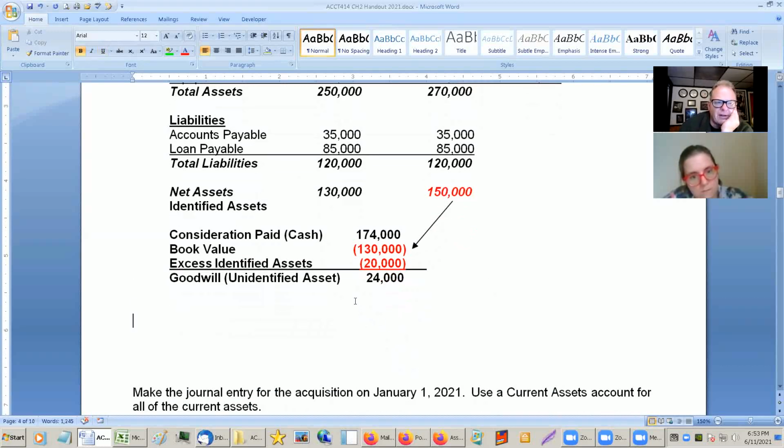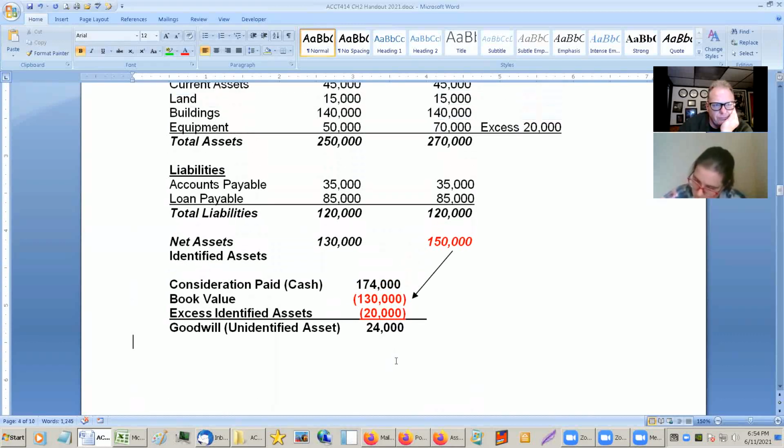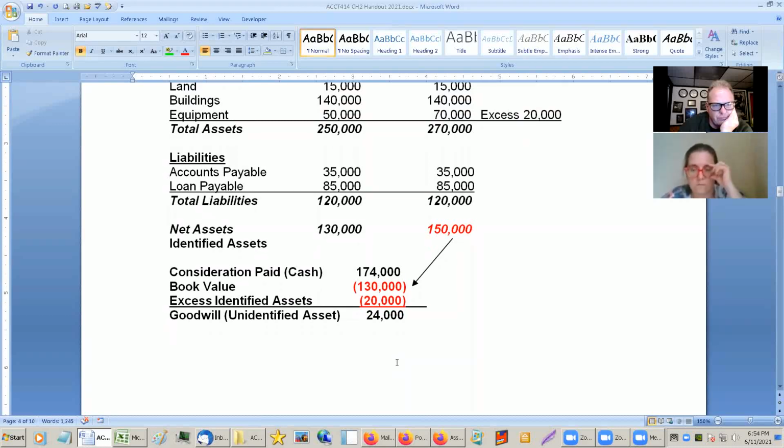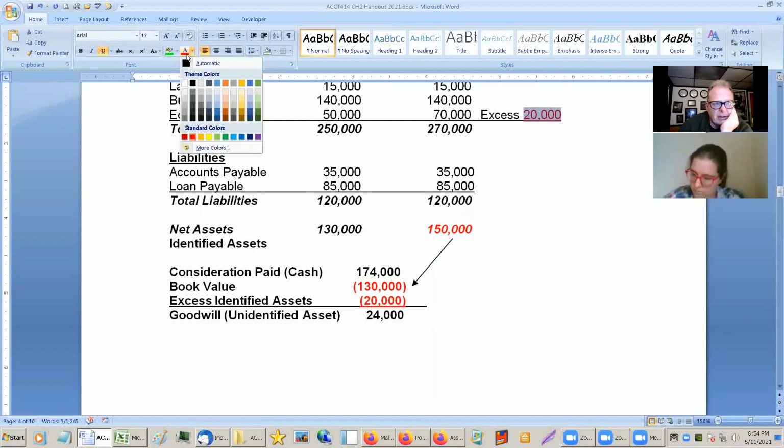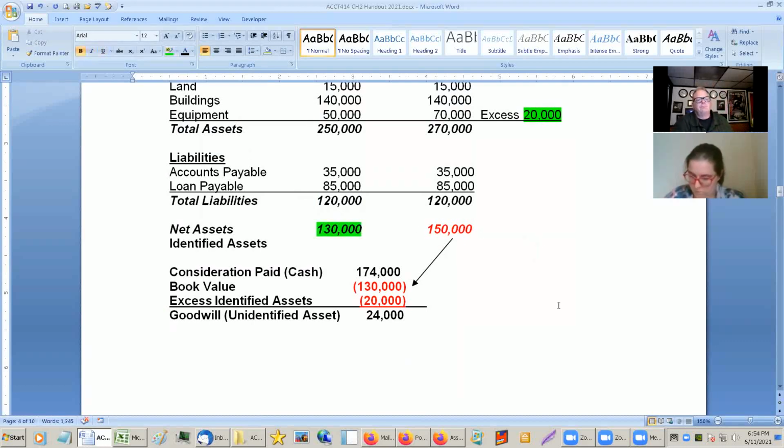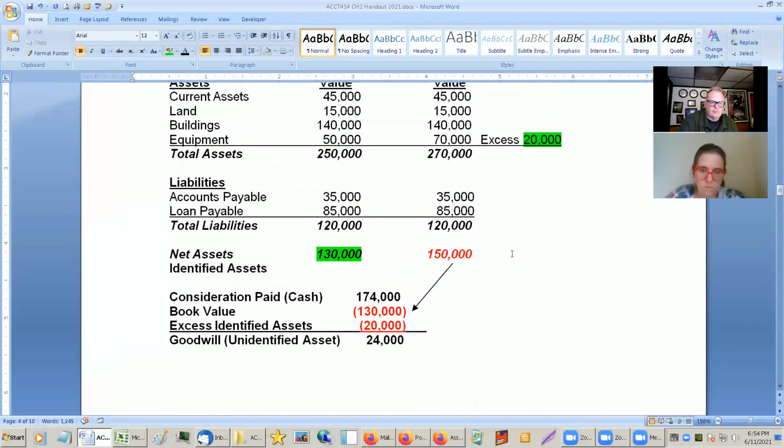So the goodwill, the unidentified asset, would be 24,000.